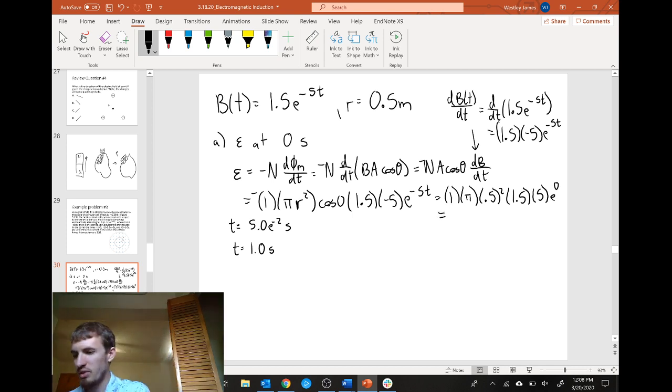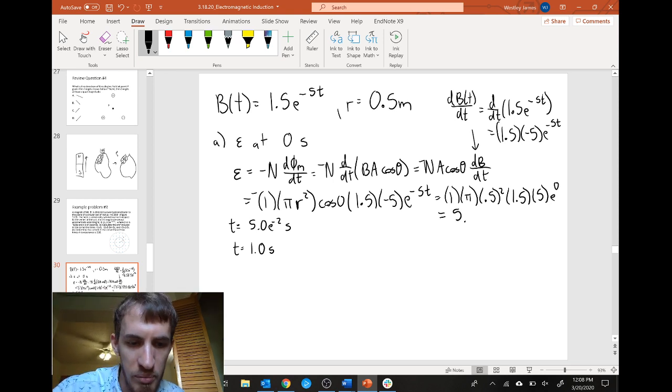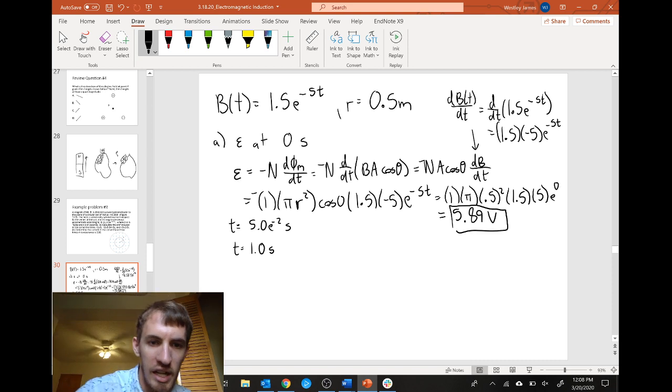And that just gives you some number. So I'm not going to do the other two right now. I will leave those for you all to solve as good practice. But this one's going to be 5.89 volts.